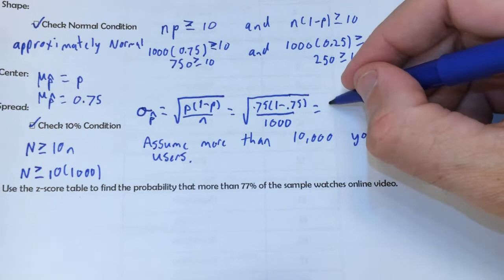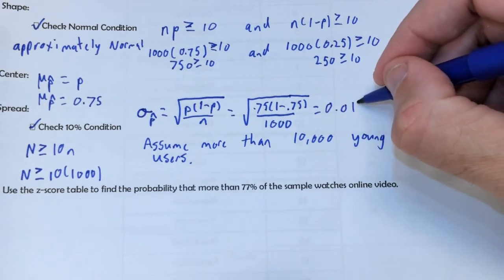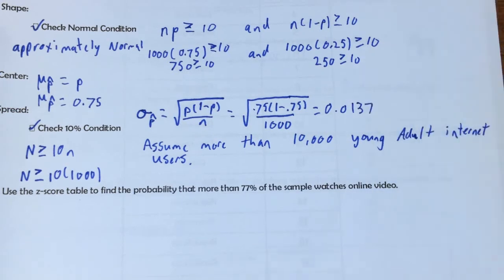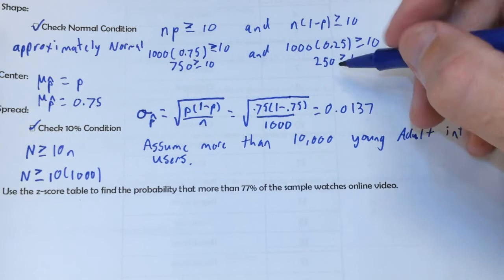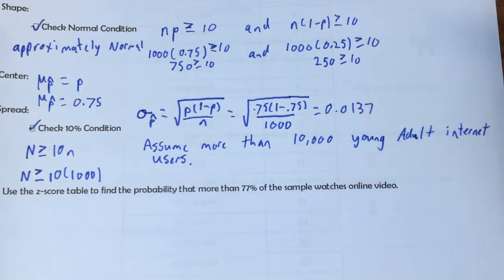That would be about, and you could round to 3, 4, or even 2 decimal places here, but I rounded to 4, so 0.0137.